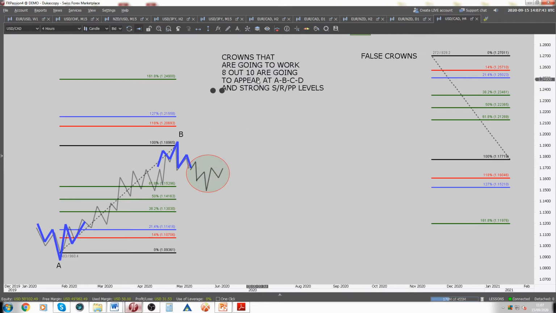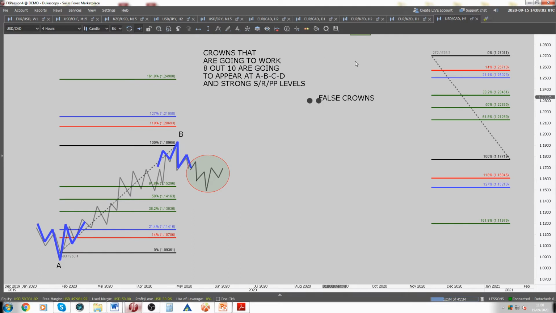Okay, so crowns are not guaranteed, but crowns that are going to work 8 times, 9 times, 7 times out of 10 are going to appear at ABCDs and strong support, resistance or pivot point levels. Okay, now what about the numbers of the false crowns?